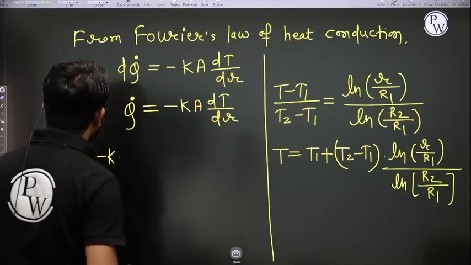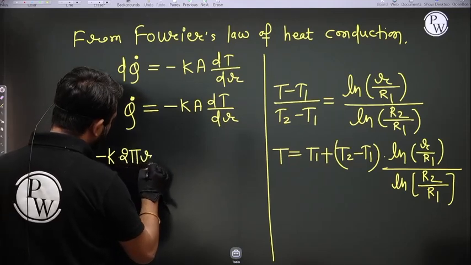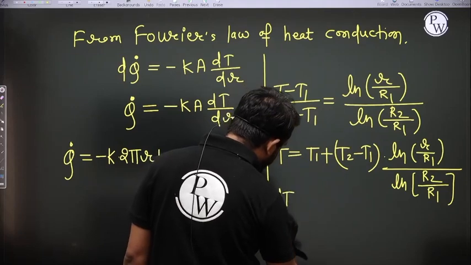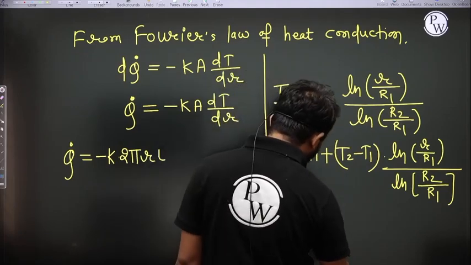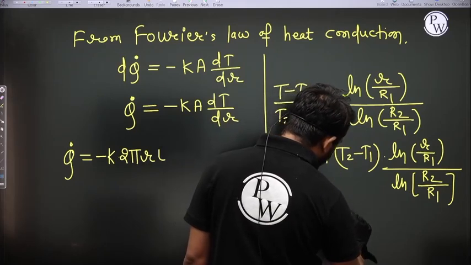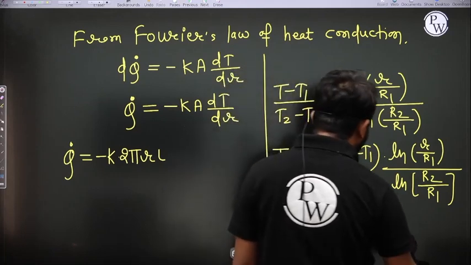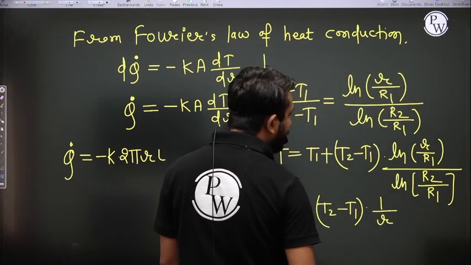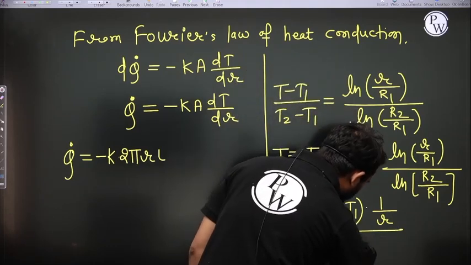So from here, this is K times 2 pi r L, and calculate dT by dr from here. So dT by dr is equal to, the first term is 0, then (T2 minus T1) times 1 by R divided by ln(R2 by R1).